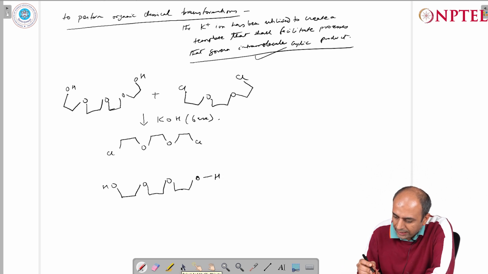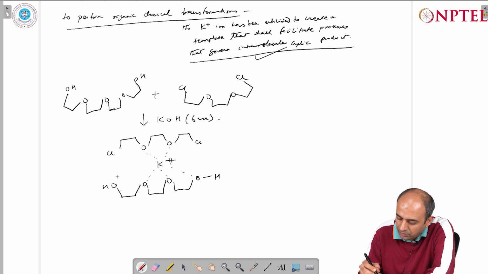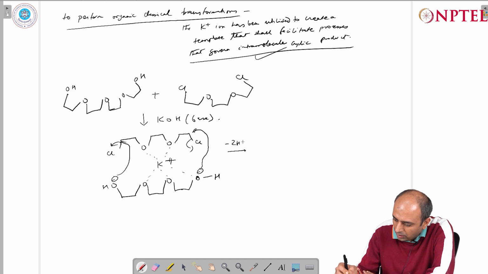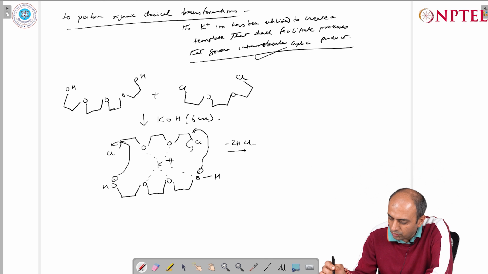So, we have these two reactant partners where we have the dichloro compound and the dihydroxylated compound, and we have the corresponding potassium cation which creates a template, and then the nucleophilic reaction proceeds in a very enhanced fashion, because now the base generates the O minus, it attacks the electrophilic carbon, again it attacks the electrophilic carbon, chloride goes out, and 2 HCl equivalent molecules are removed, and we have now the final product.